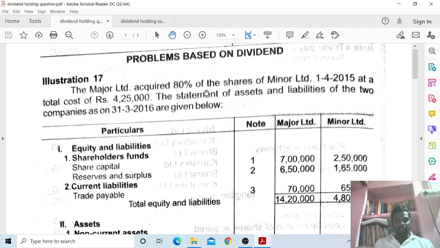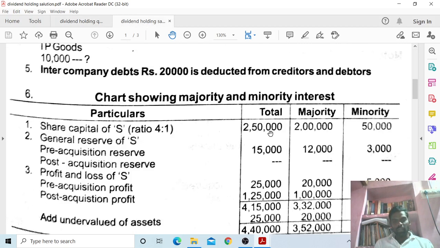So 80% of the shares acquired means you have to take 2,50,000 into 80% divided by 100, which is equal to 2 lakh. Majority is the holding company and the rest is minority. 2,50,000 minus 2 lakh is equal to minority 50,000.